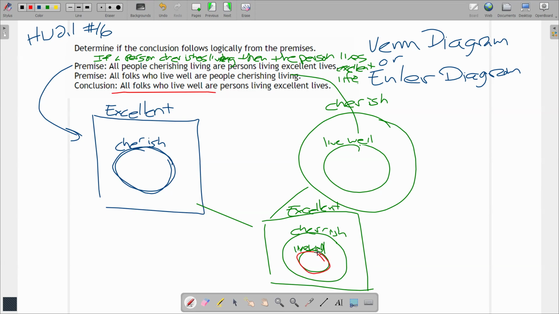That's this group here. Are persons living excellent lives? So is the lived well totally inside excellent lives? It looks like it is. So since the conclusion fits with the drawing that I made, putting the premises together, the conclusion must be true or valid. If things don't match up quite right with the conclusion, then it's false or invalid.